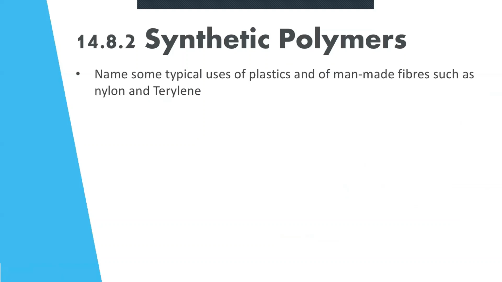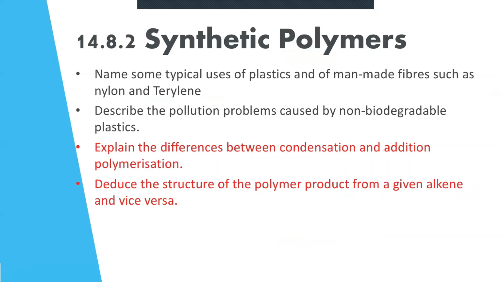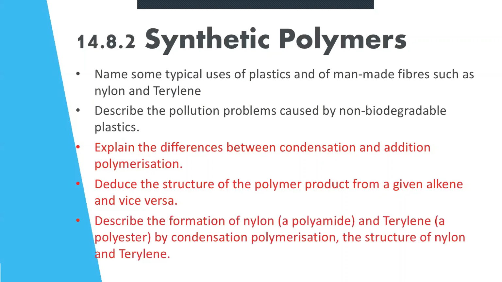But before we go to drawing, we need to know there are two kinds of polymers: synthetic polymer and natural polymer. Synthetic polymers are man-made polymers, and there are different types: condensation and addition polymers. We have to learn how to draw the structure of the polymer if the monomer is given, and how to draw the monomer if the polymer structure is given.